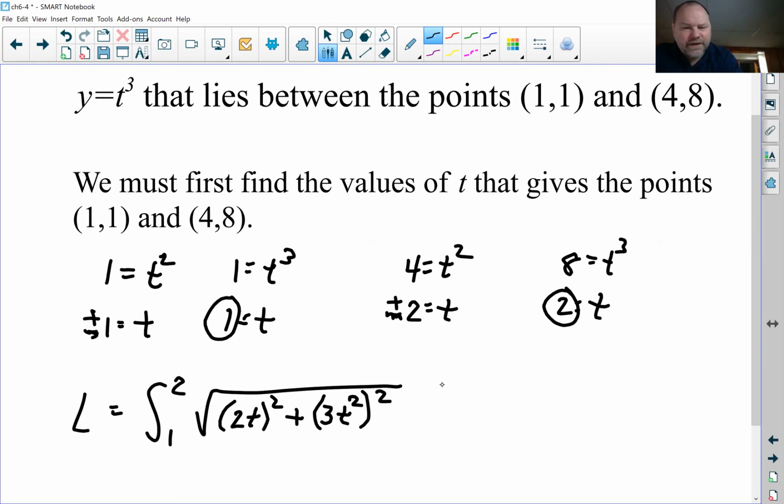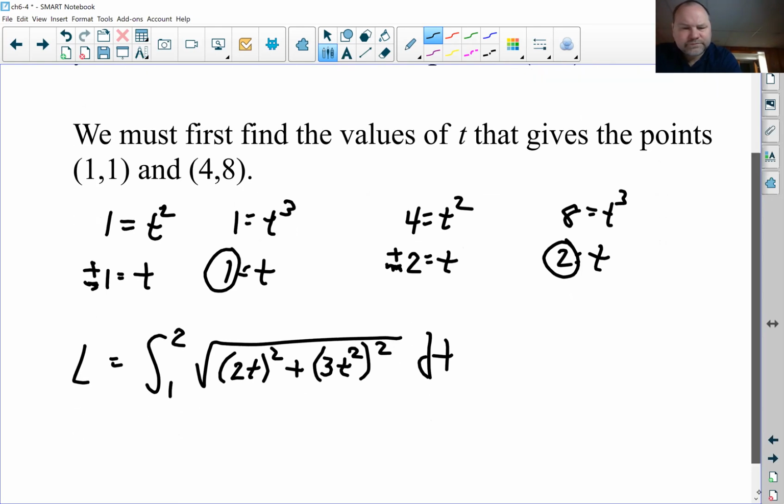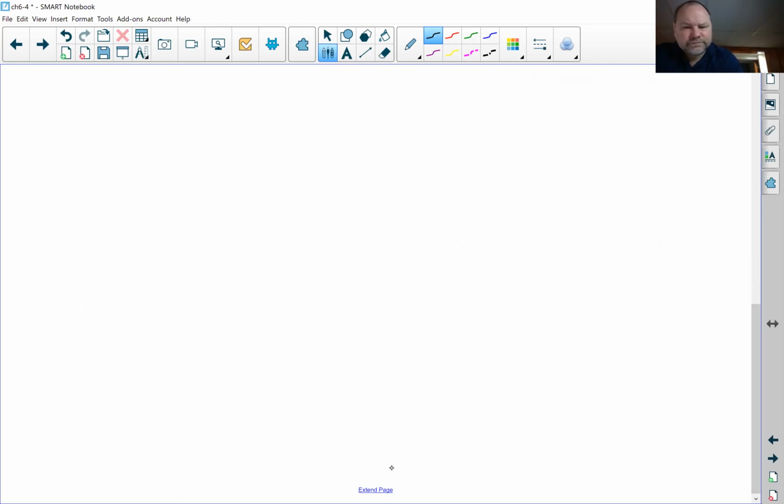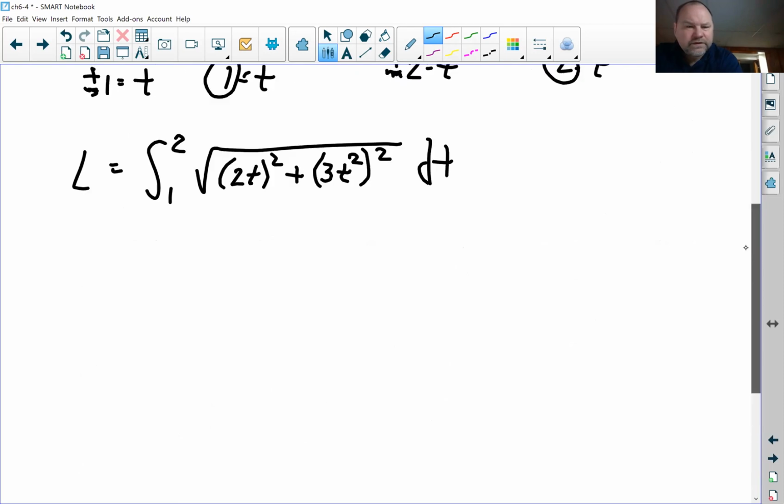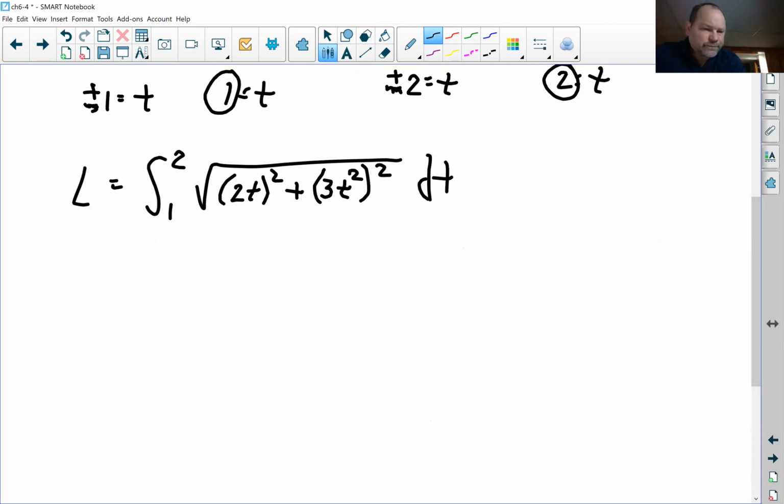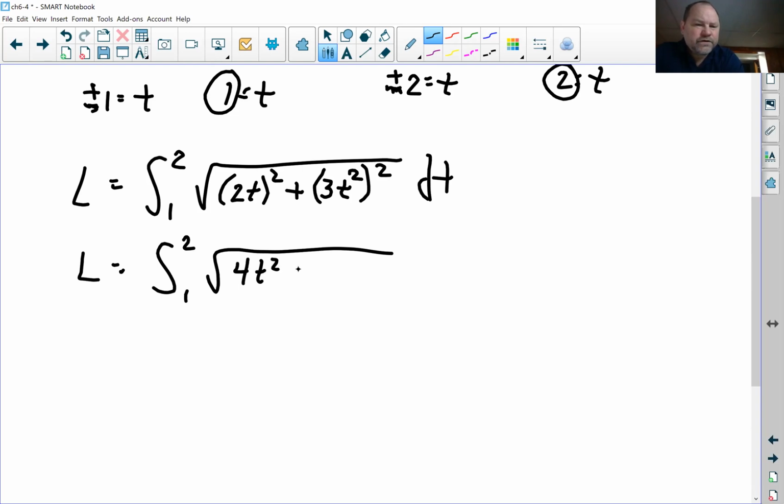And I'm going to square that. So we get four t squared plus 9t to the 4th.